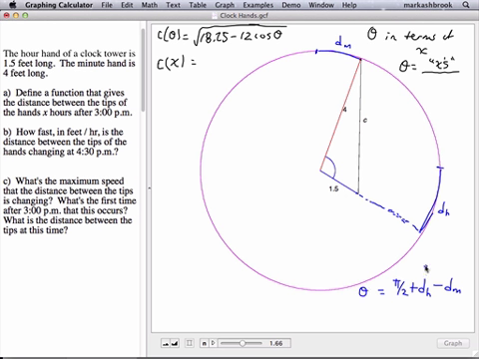So if we could get these distances in terms of x, so what's the distance? Nice. Okay, so what's the distance that the hour hand moves in x hours? How far does the hour hand move in x hours?